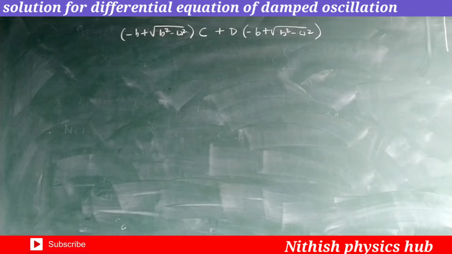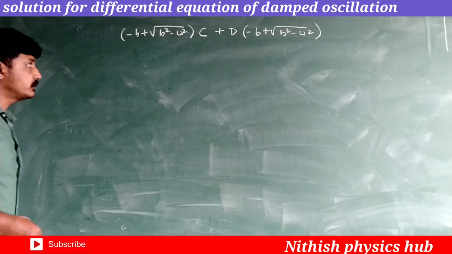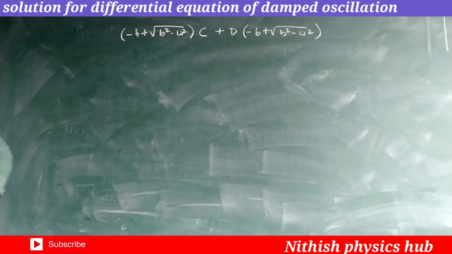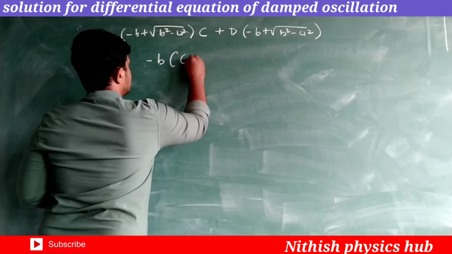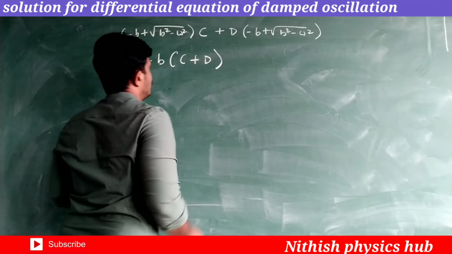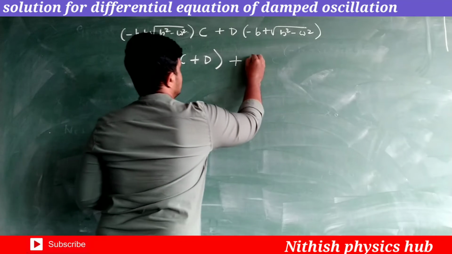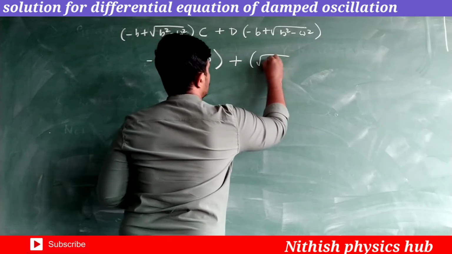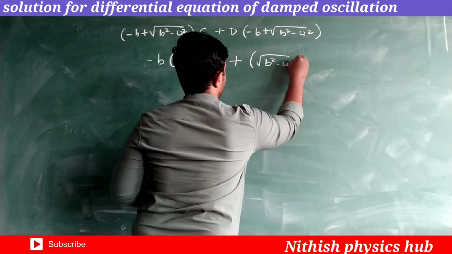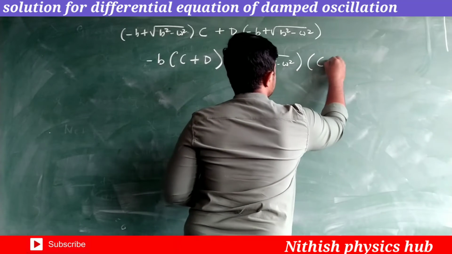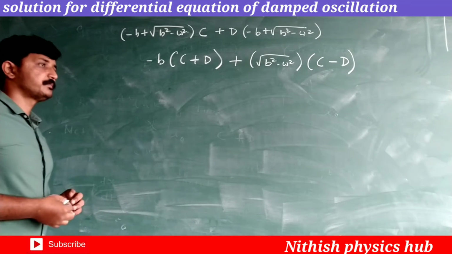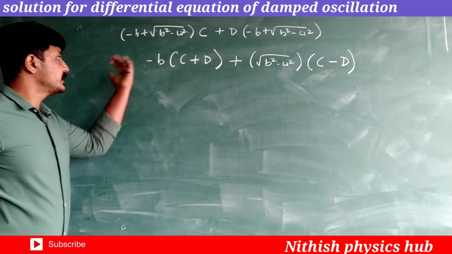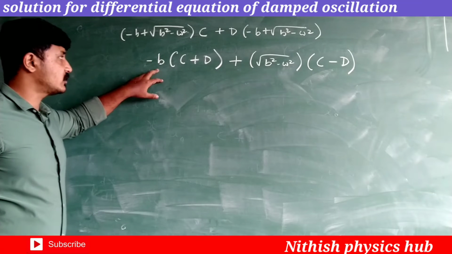Now, if you take the common term minus b, it will have c plus d, and plus root of b square minus omega square with the term c minus d. It is a simple transfer of the coefficients to one side, taking a common factor.